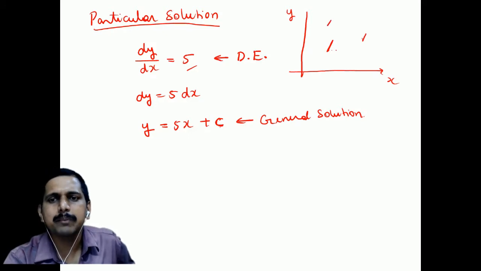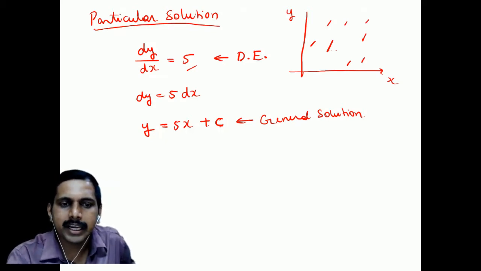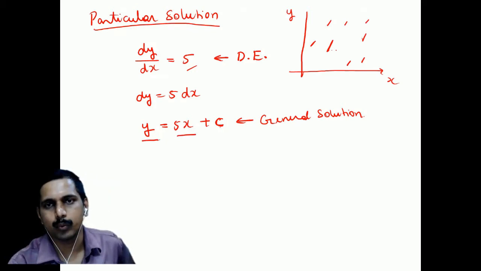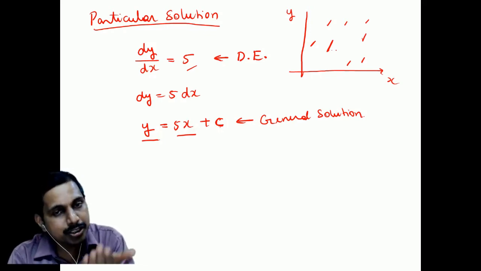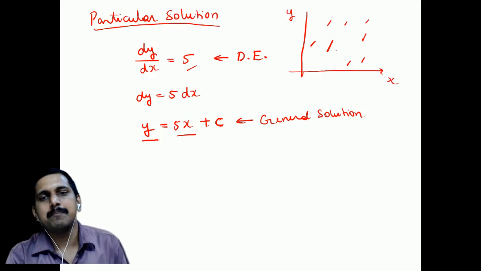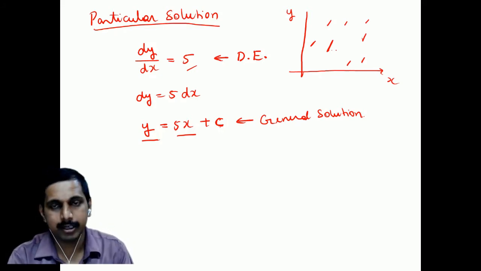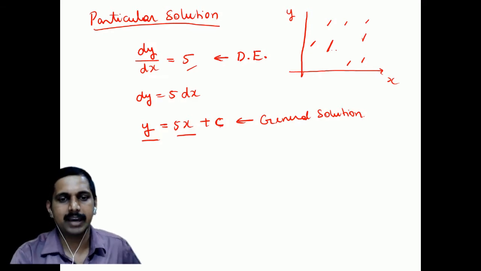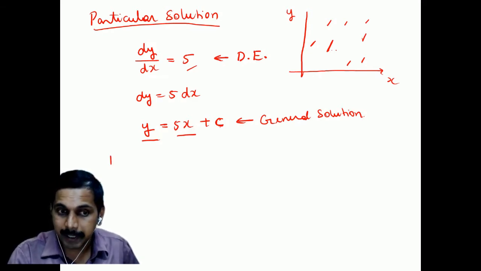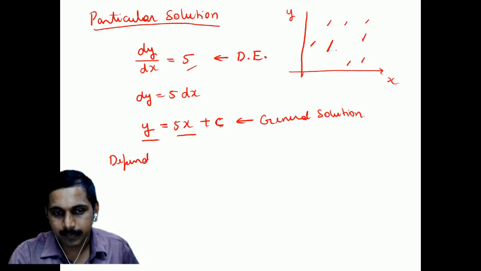And this slope can be anywhere, students. Now when I integrate, what do I get? y is equal to 5x is the equation. But now where should I start from? For starting, I need some conditions. I will not say boundary condition or initial condition, I will say depending on conditions.